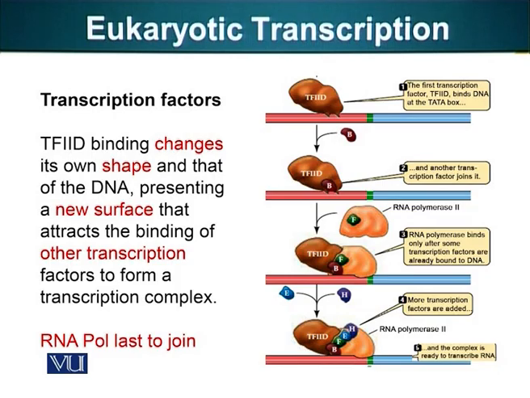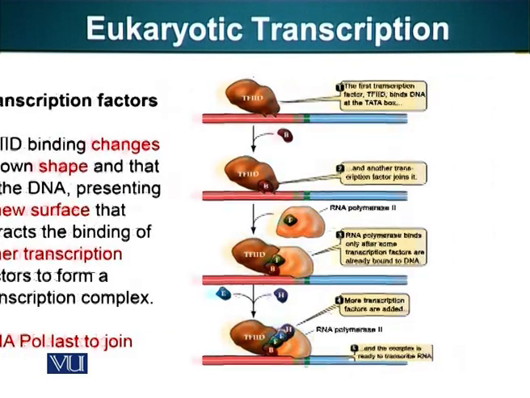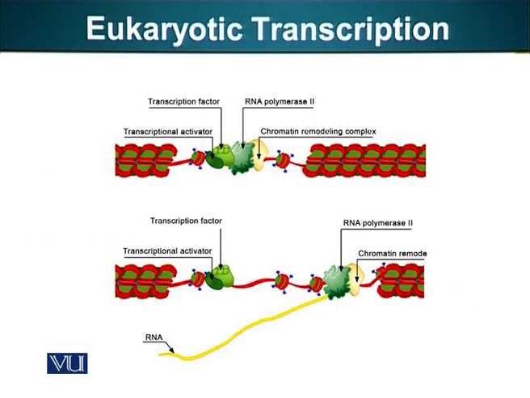So these proteins keep on accumulating, and one of the last proteins, RNA polymerase II in this case, will join this whole transcription complex, and the transcription will start. So this is how things look in eukaryotic transcription.